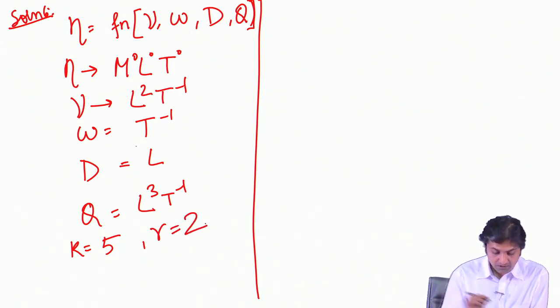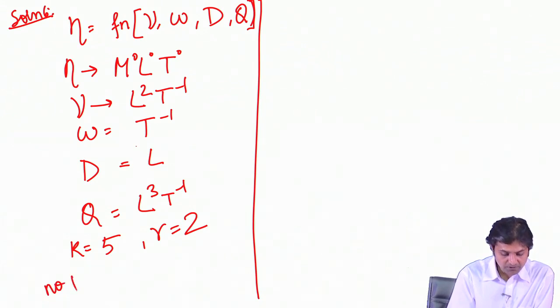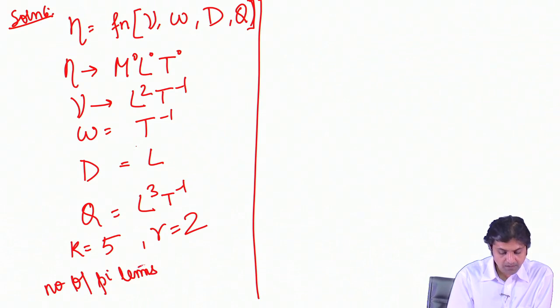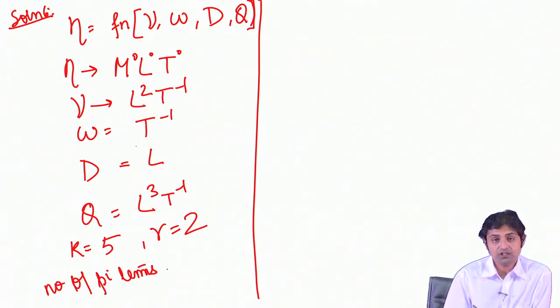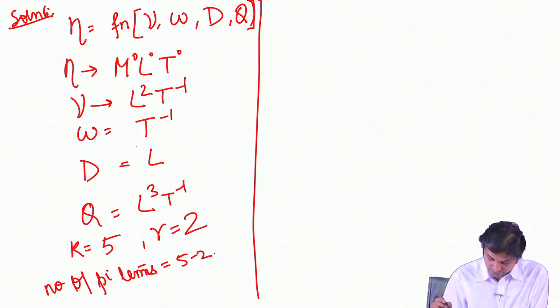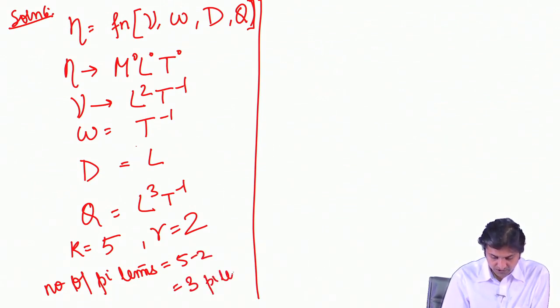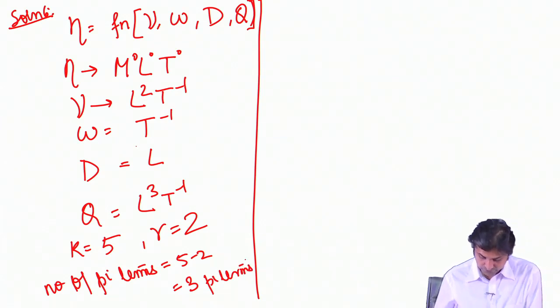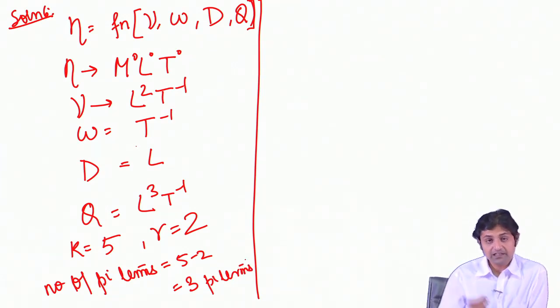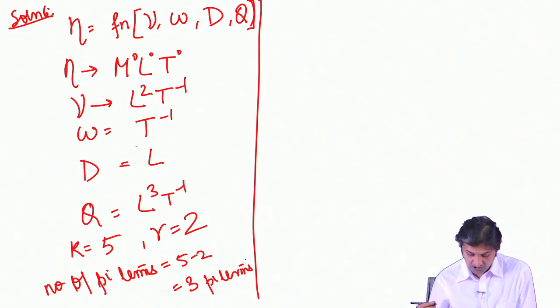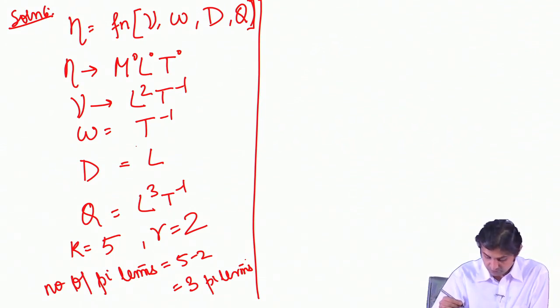So, number of pi terms, this is an example also for showing that R is not always 3. 5 minus 2 is 3 pi terms. The next step always is we have to choose the repeating variables.